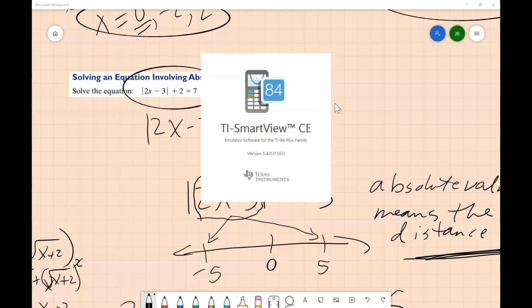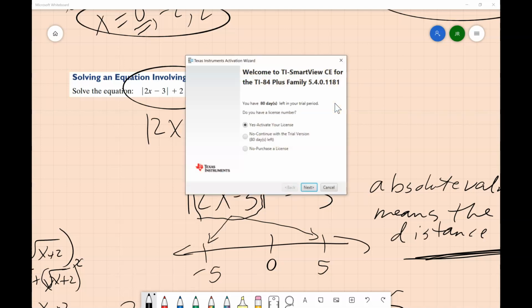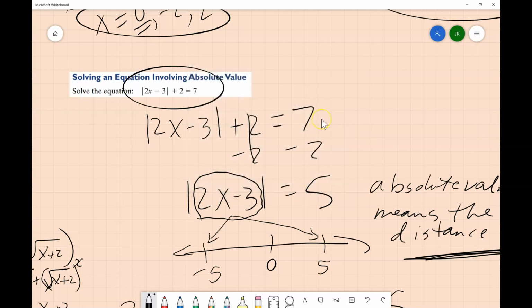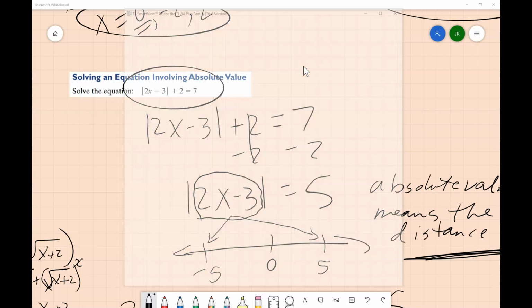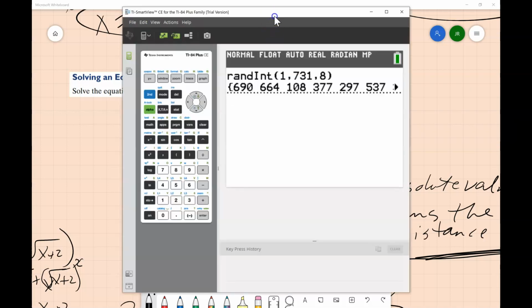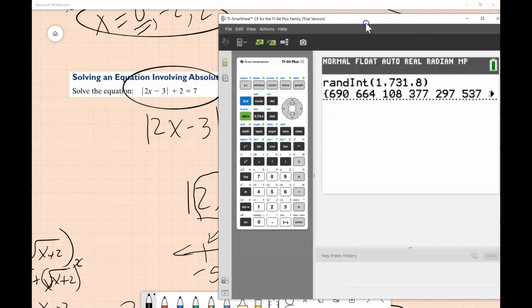And I'll show you how to type it in. Come on, calculator. Please, come on. You're holding up progress.